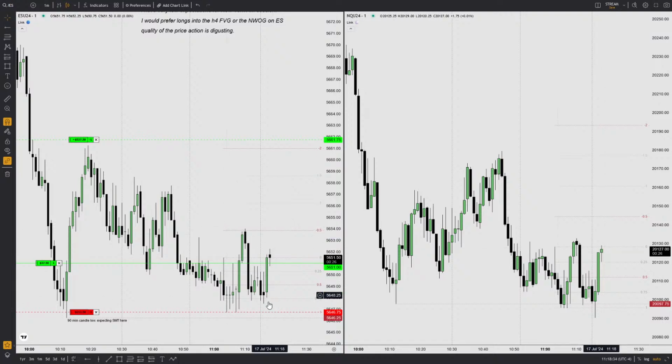At the same time, if you take a look at the lows here, between ES and NQ, it's a SMT. So ES higher lows, NQ lower lows.